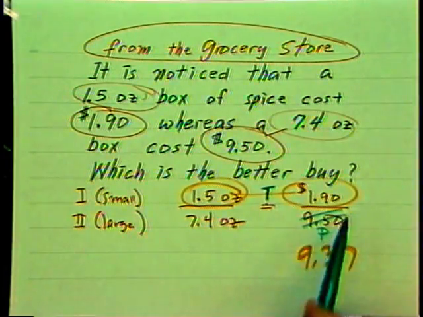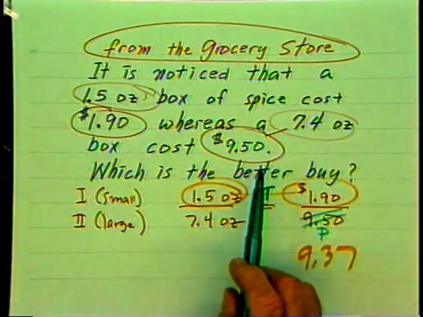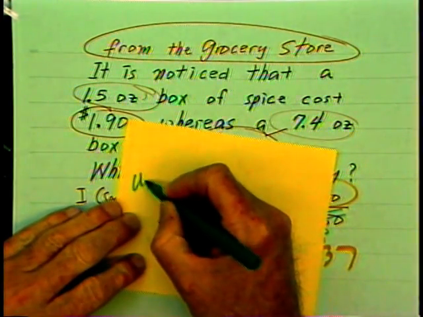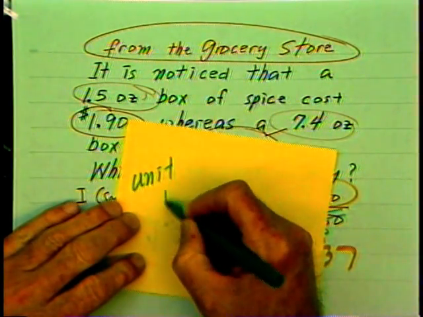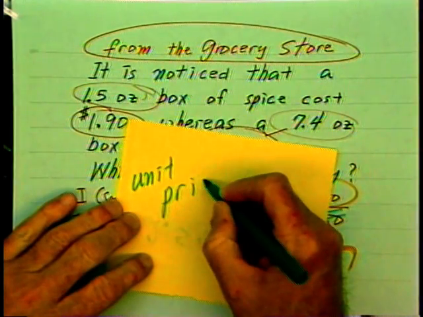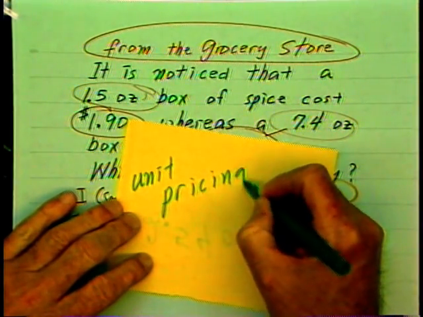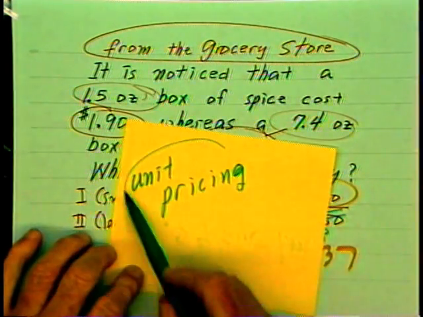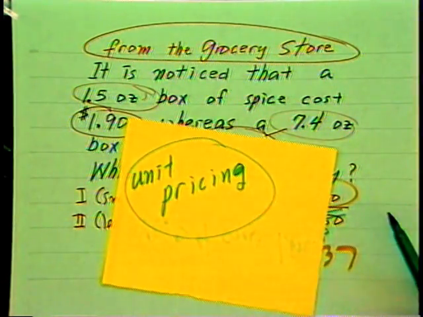Now, this whole process is involved quite frequently in store chains now, the larger ones, where at the bottom of the bin where the item is, you'll find a little tag that gives you the unit pricing.